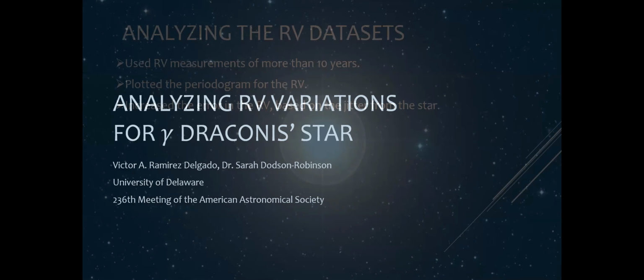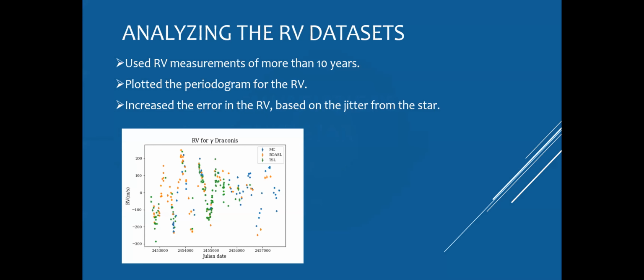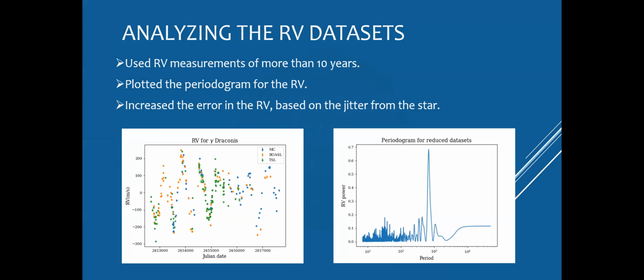The first thing was to look at the radial velocity data from 4 different telescopes, with measurements spanning more than 10 years, shown in the first graph. Then I looked at the periodicity of the RV. By comparing the periodograms, we can see that the highest peaks appear to be between around 600 days and 800 days.